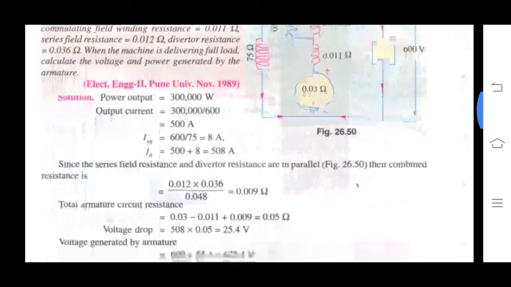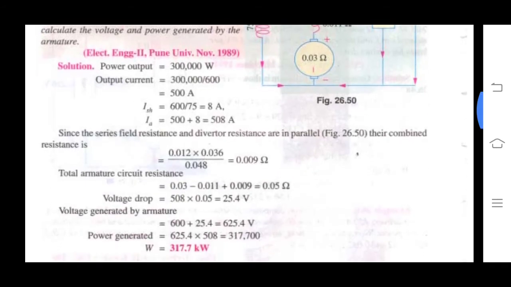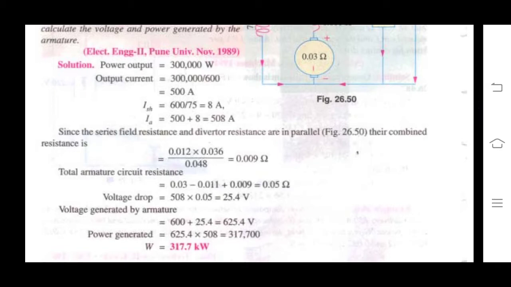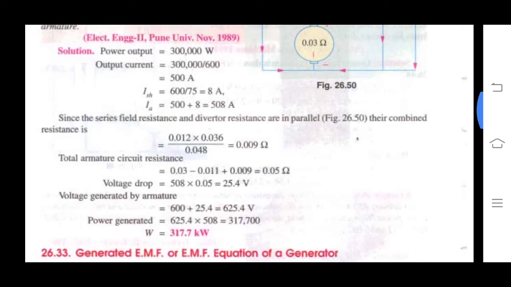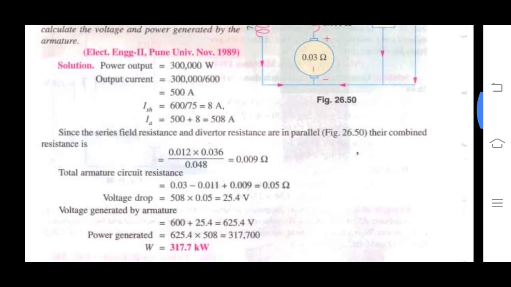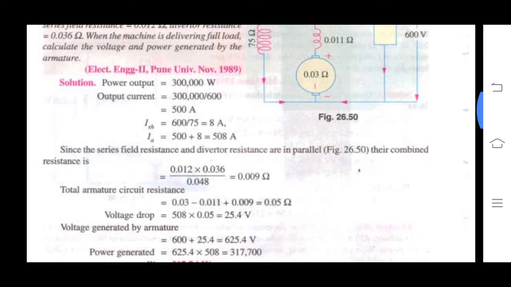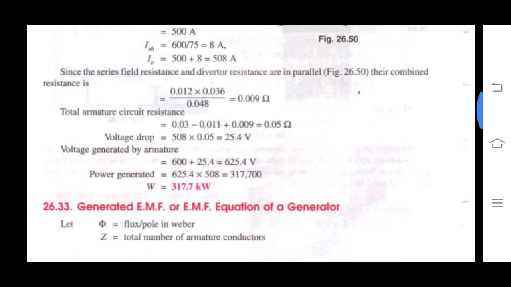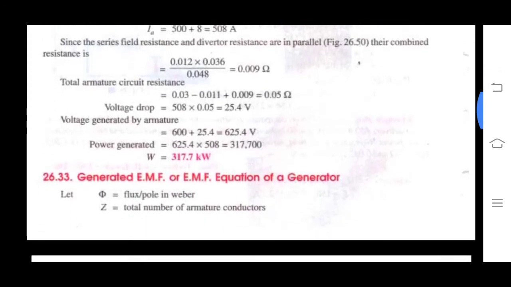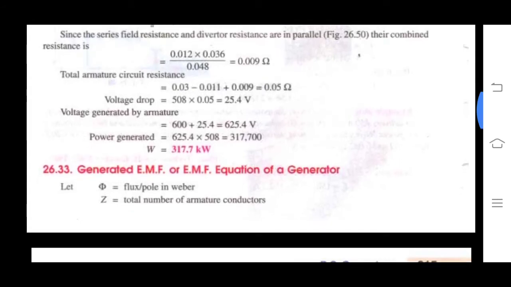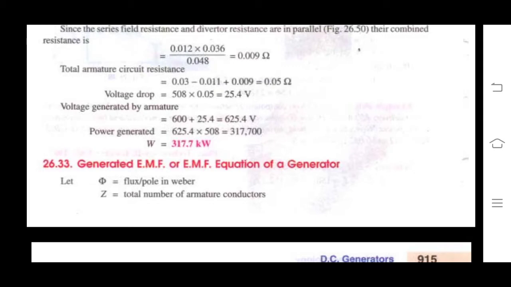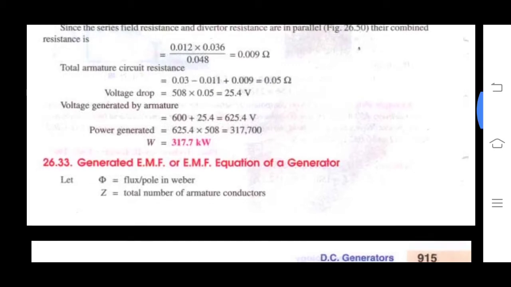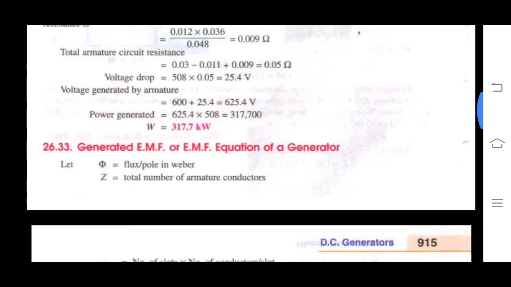It is 508 amps. Since the series field resistance and diverter resistance are in parallel, their combined resistance is R1 into R2 by R1 plus R2. So the combined resistance is 0.09 ohm. Total armature circuit resistance is 0.03 plus 0.11 plus the combined resistance, equal to 0.5 ohm.